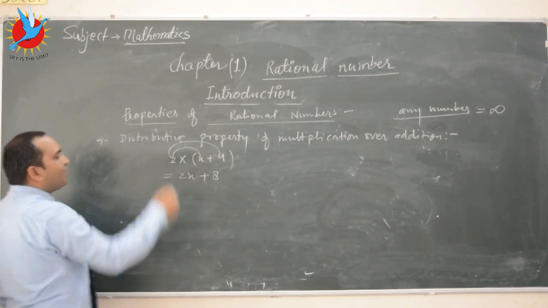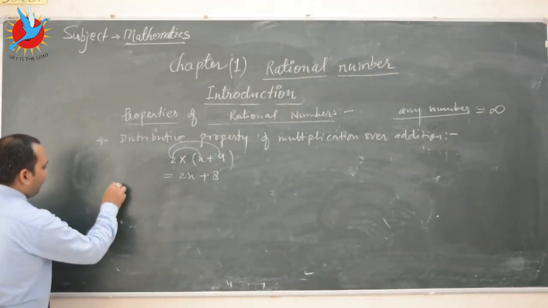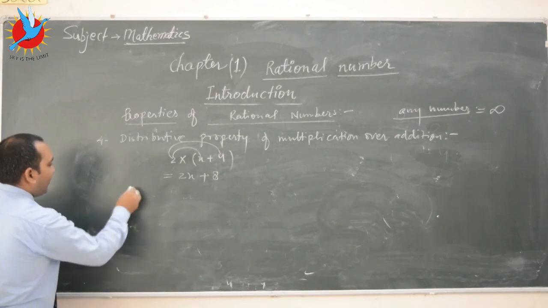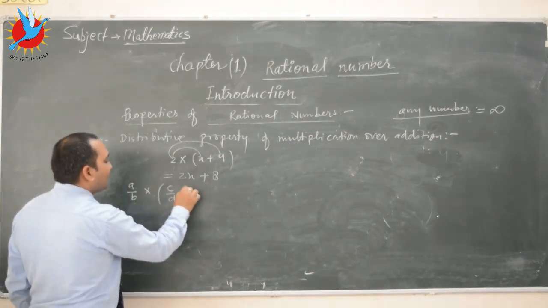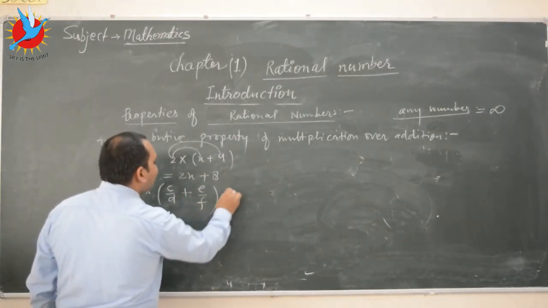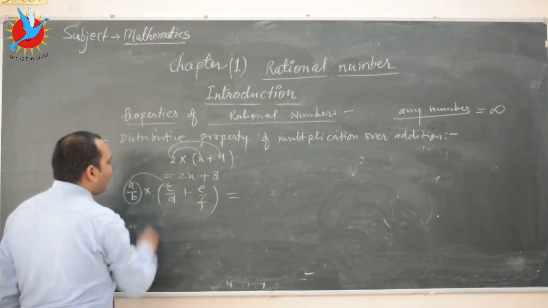So the distributive property of multiplication over addition states that a upon b into (c upon d plus e upon f) is always equal to a upon b, the first rational number, multiplied with the second.